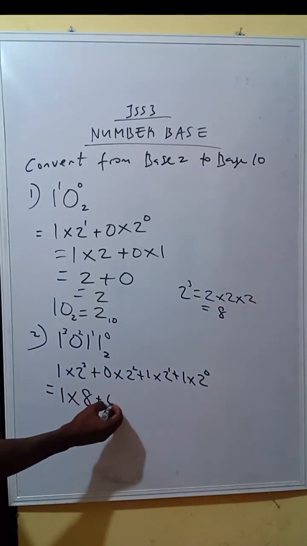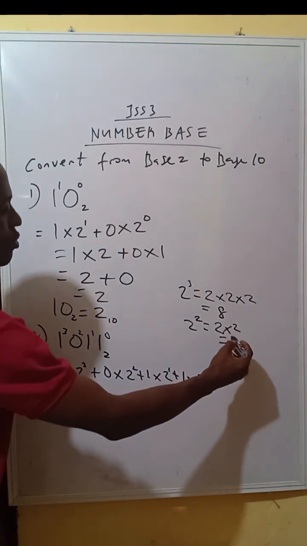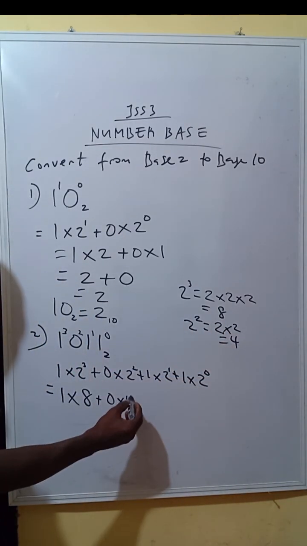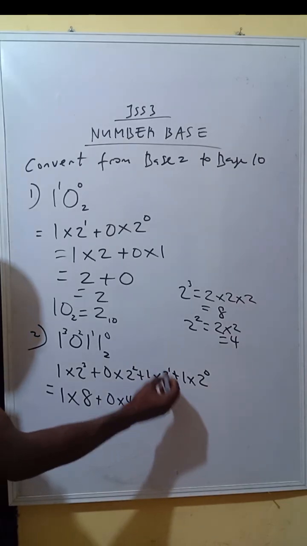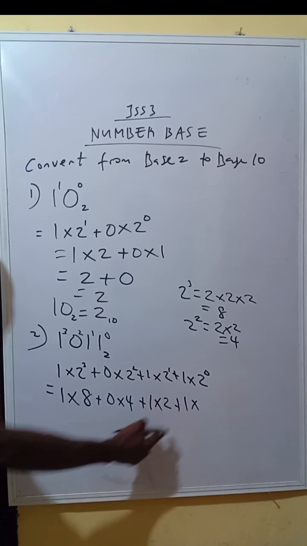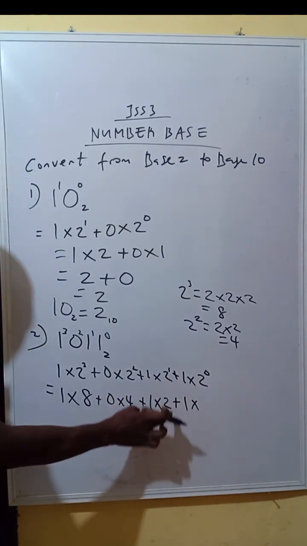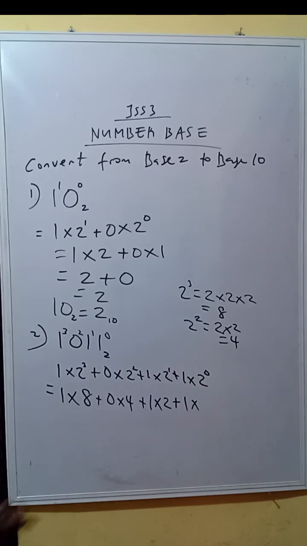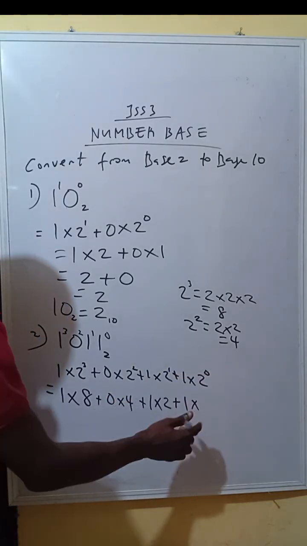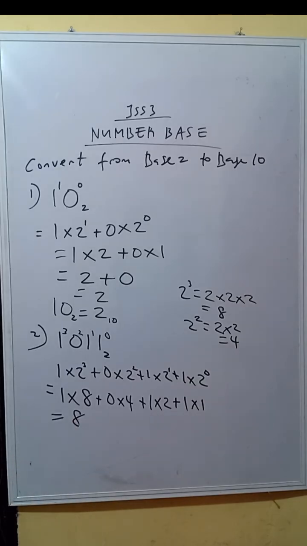So plus 0 times 2 raised to power 2, which is 2 times 2, which is what? 4. 0 times 4 plus 1 times 2 raised to power 1, which is 2. That's why I left this 2 here. Can you see this 2? 2 raised to power 1 is 2. Then 1 times 2 raised to power 0 is what? 1.